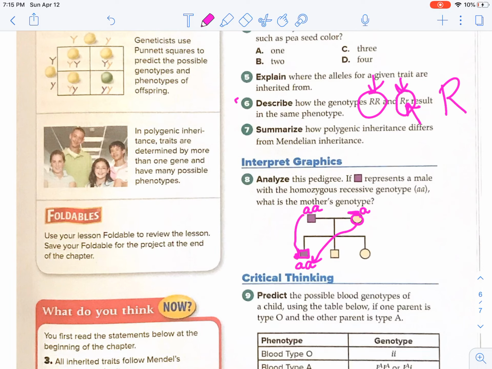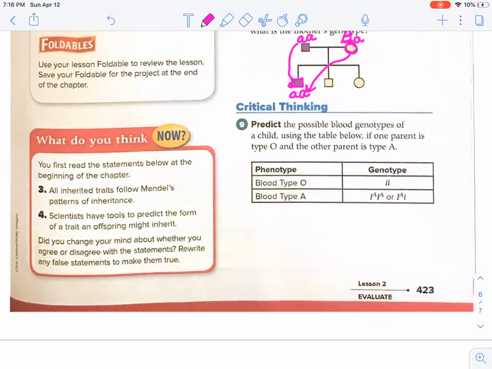So she's expressing a dominant phenotype. And so she must have a dominant genotype as well.